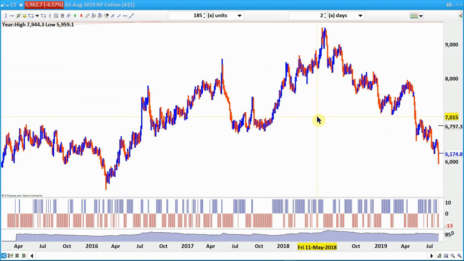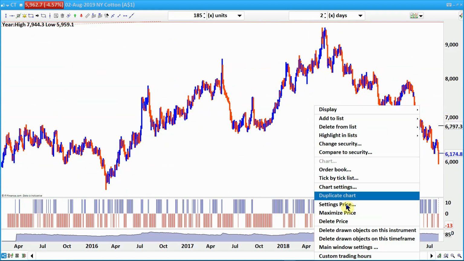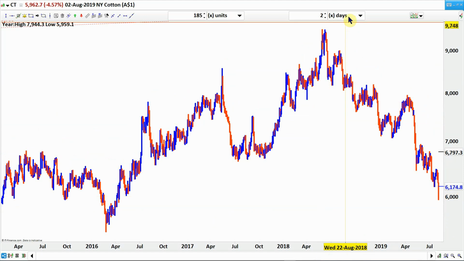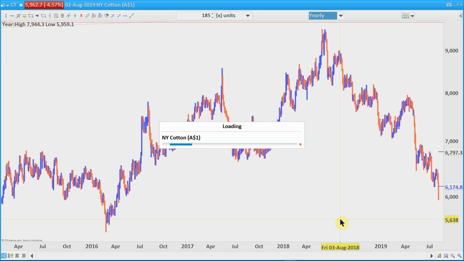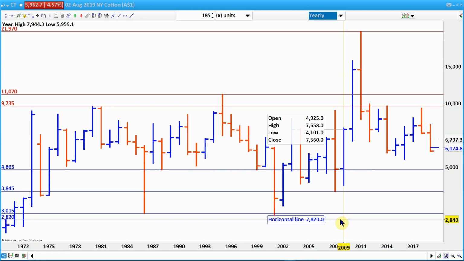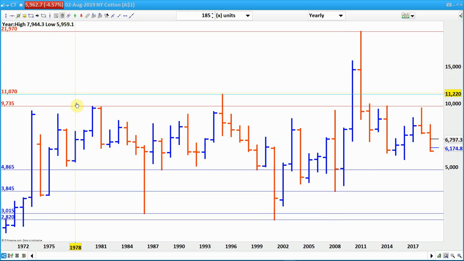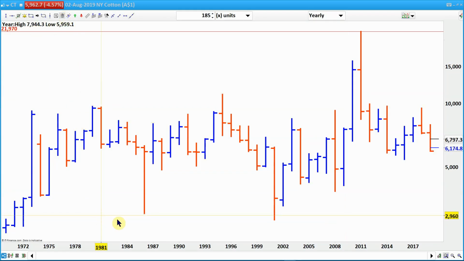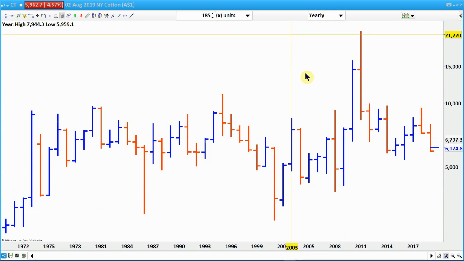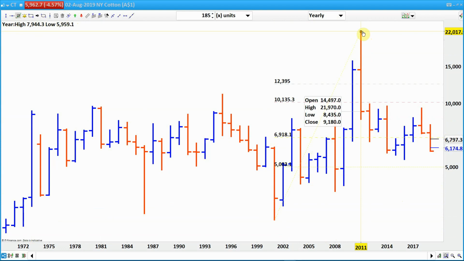If I delete these pivot points and then maximize this price and then go to yearly, and then delete this line. Yearly. If I draw this from here to here, we don't have anything.